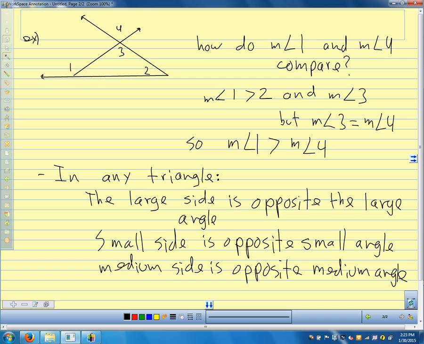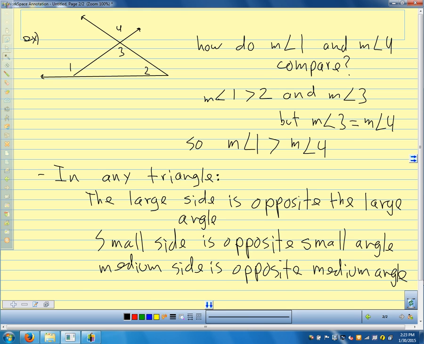And this is a really pretty intuitive idea. If we have a big angle in a triangle, the side that joins those two has to be pretty big. If we have a small angle, the side that joins them has to be pretty small. It's in between, it has to be somewhere in between. So that's all this is saying.